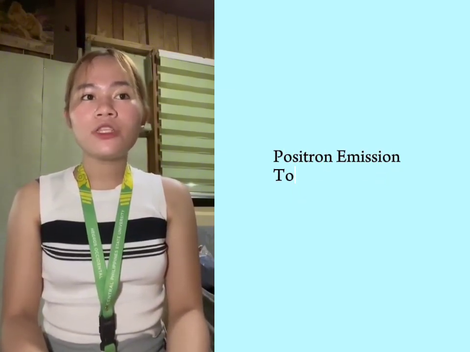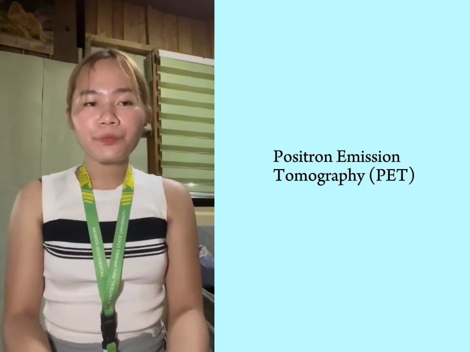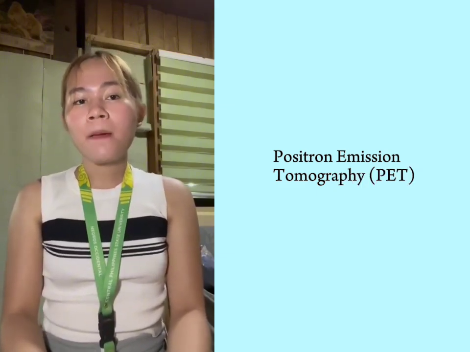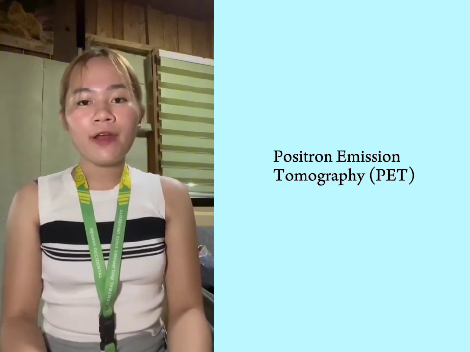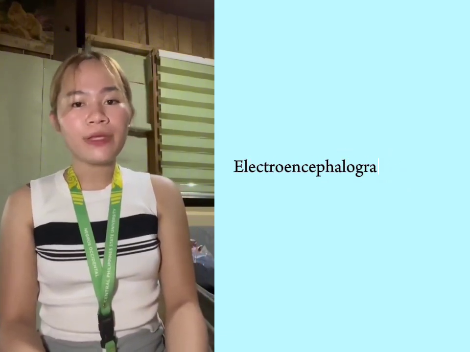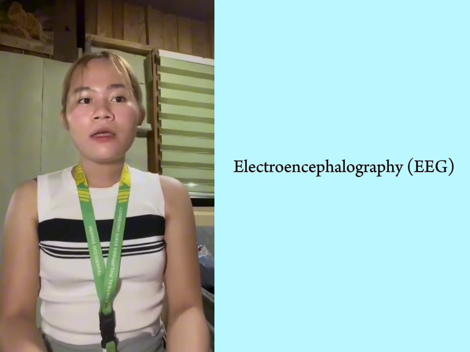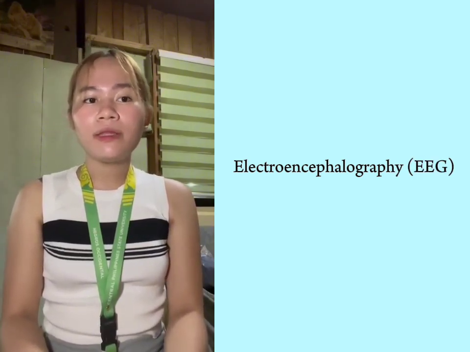And positron emission tomography measures brain activity by recording the changes in blood flow to different brain areas. And last, electroencephalography or EEG measures the electrical activity of the brain.